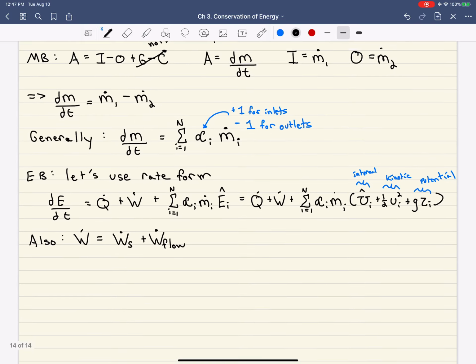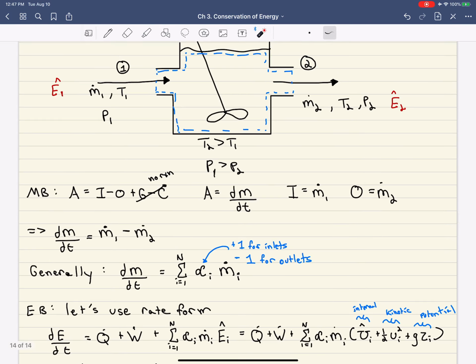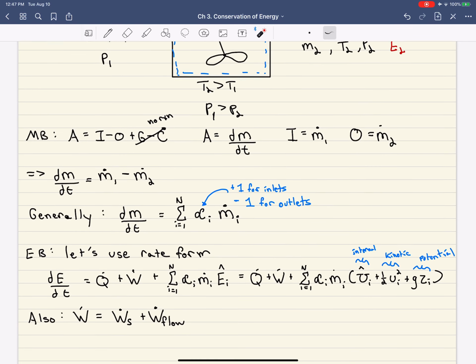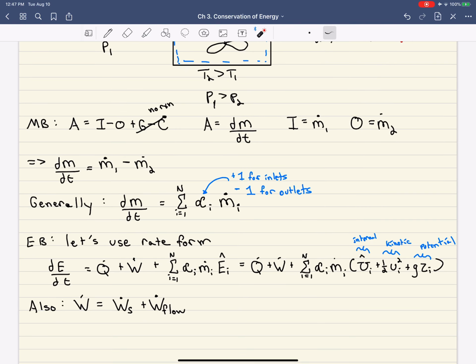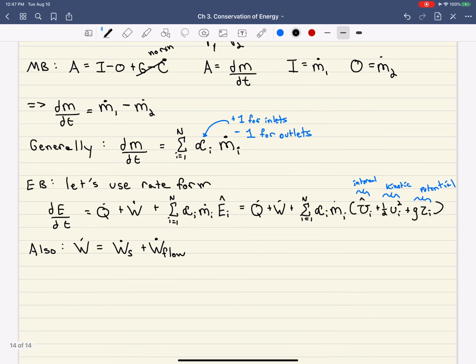If we look back at our system, with our fluids flowing in, they're being mixed, so that's why there's a shaft work term there. And they're also being pushed by the pressure, right? And so that's why we'll also need to consider the flow work of the system as well. And so our total W dot is shaft work plus flow work.